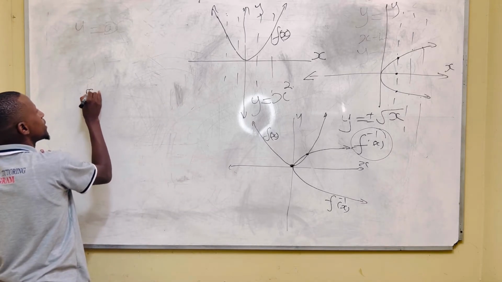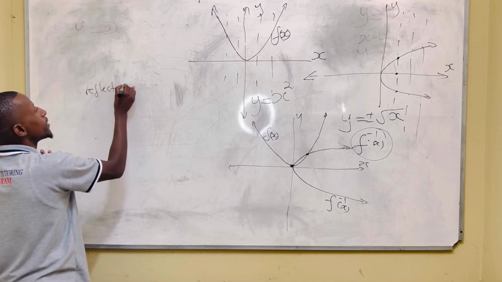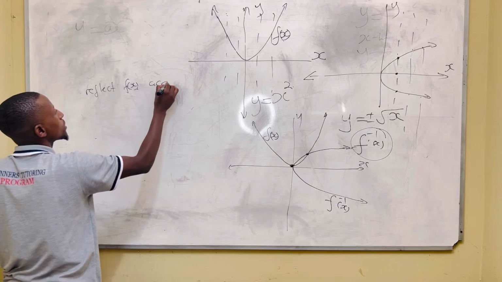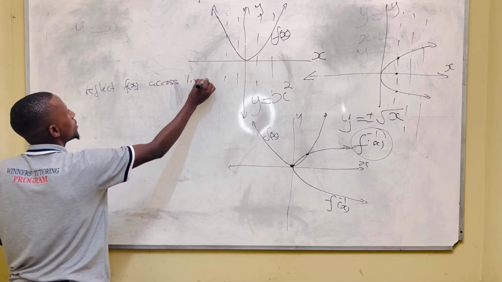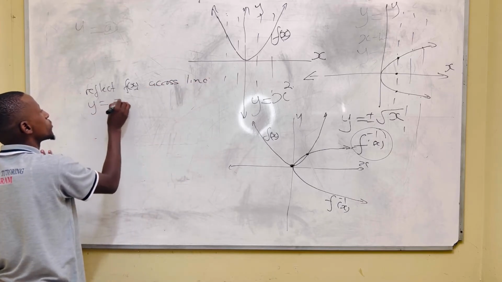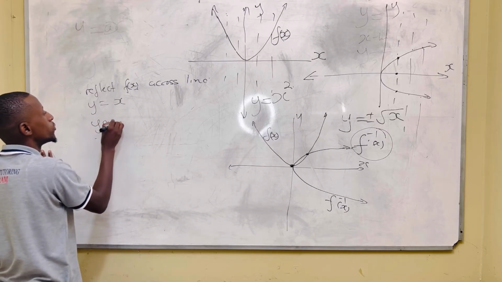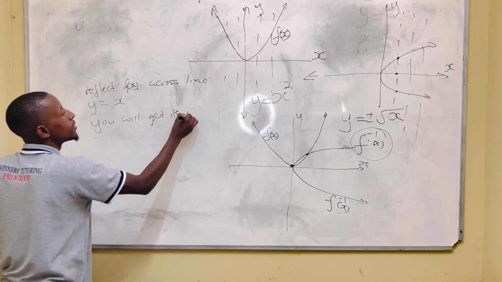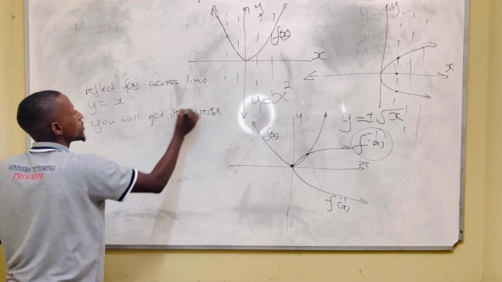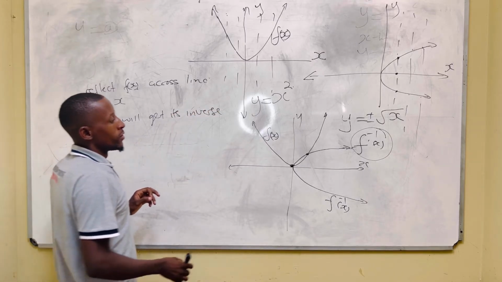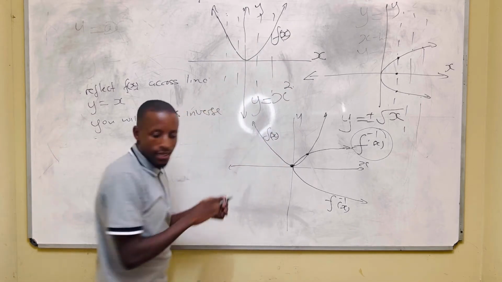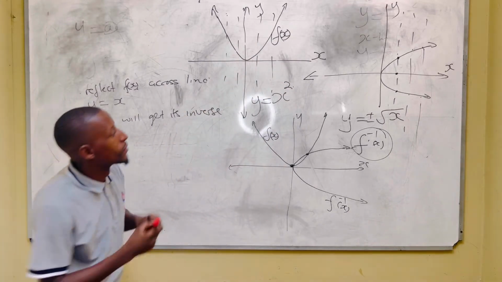If you reflect f of x, which is this graph, across the line y equals x, you will get its inverse. So the original graph, this one, we reflect across this line.